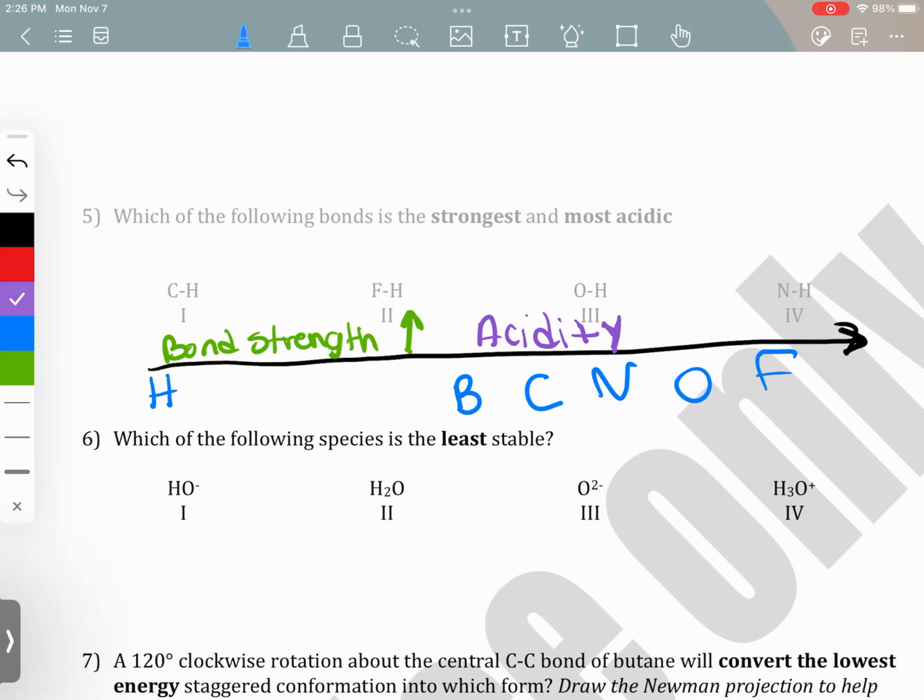What would acidity do? It would increase. Think of it like this. Acidity follows the same periodic trends as electronegativity. So as you go from left to right on the periodic table, electronegativity increases, bond strength increases, and acidity increases. So it makes sense that the more electronegative atom would be the most acidic as well.